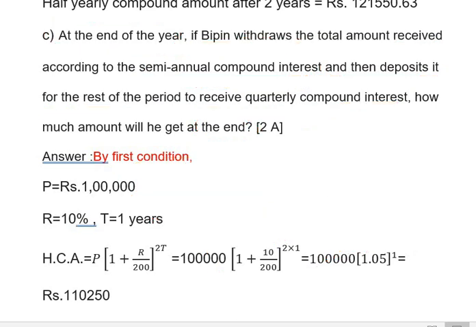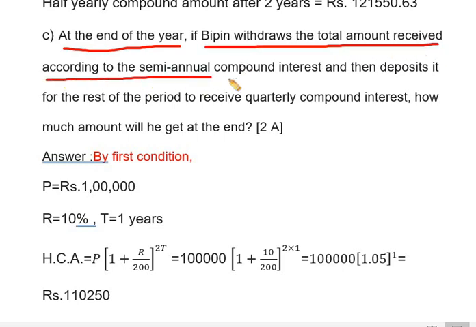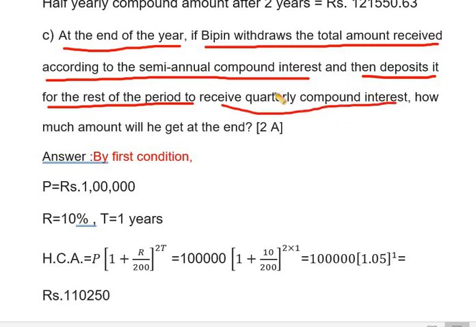The question asks again: at the end of the year, if Bipin withdraws the total amount received according to semi-annual compound interest, and then deposits it for the rest of the period to receive quarterly compound amount.